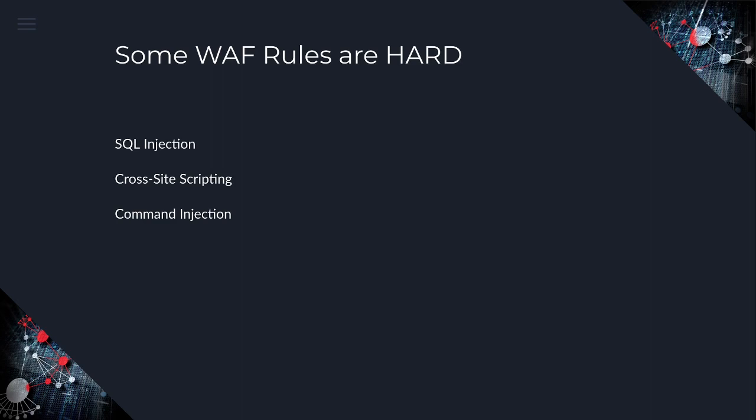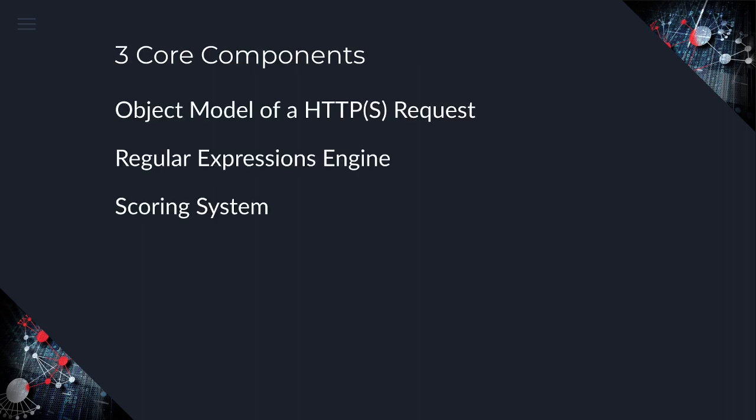That's where the Pareto principle applies: you spend 80% of your time trying to get these hard rules to be as accurate as they can be. Now, if you look at a WAF rule itself, it usually has 3 core components. It has lots of components around it, but it has 3 core components that make a WAF rule work.